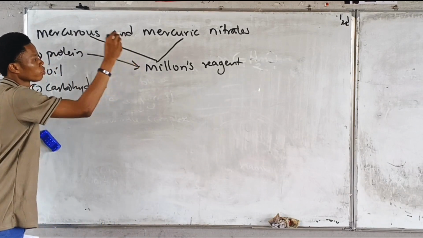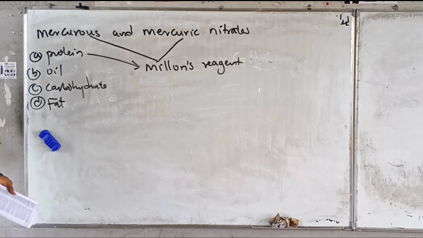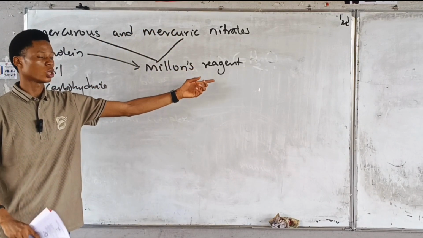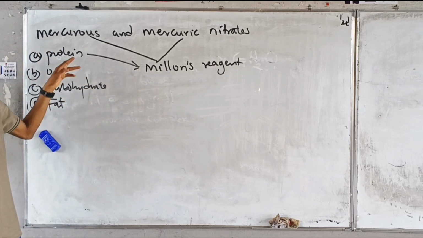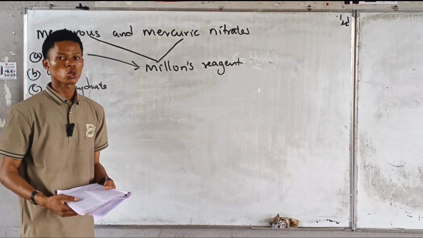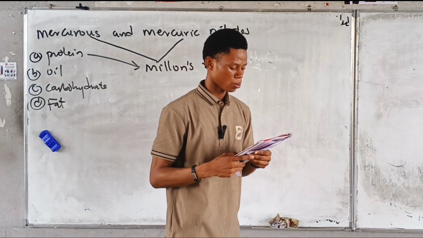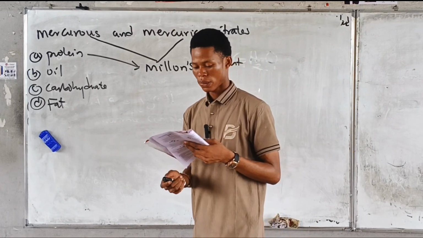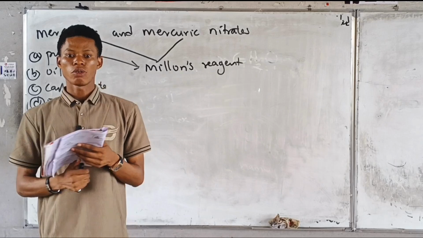Protein. So the answer is protein, because Millon's reagent is this plus this, and Millon's reagent is used to test for protein. Alright, can we move on?